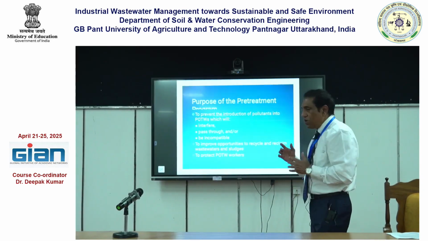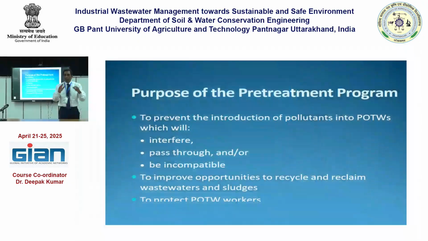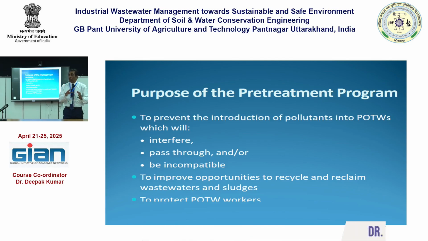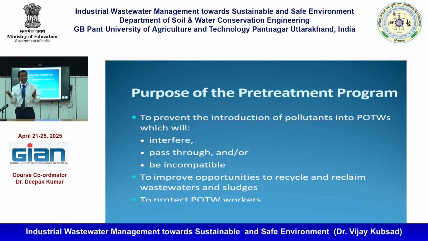So it should not create any interference for their treatment system, number one. Number two is it should not pass through. There are certain pollutants which will just pass through. You cannot catch them in the treatment. If it is passing through without any treatment, where will it end up?